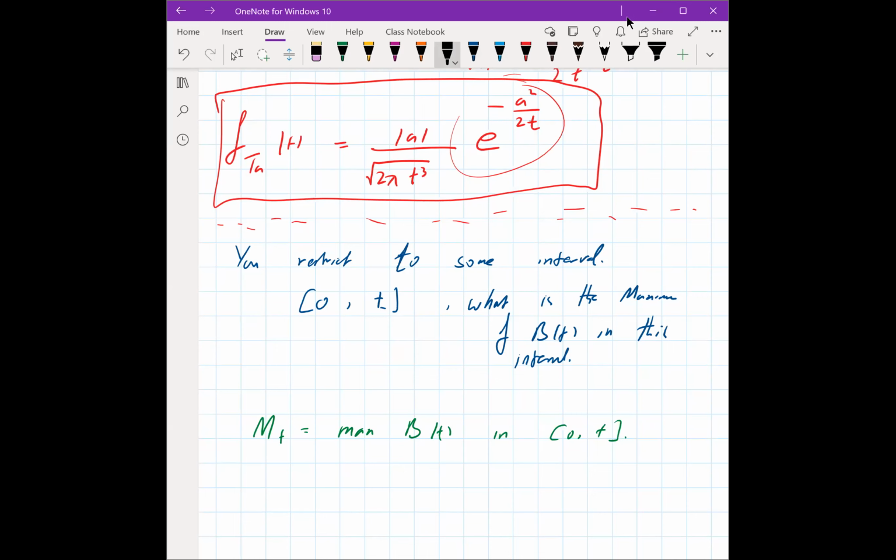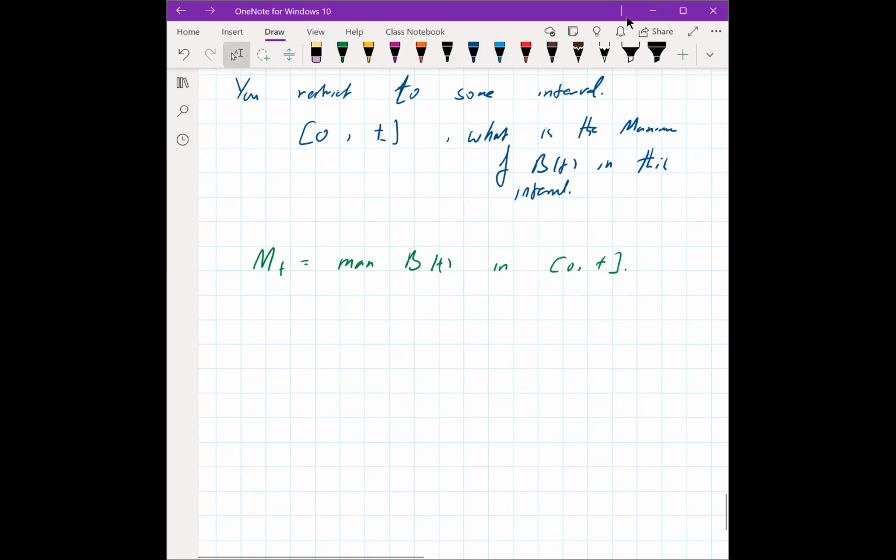Well, to find the CDF of this, since this is a maximum of b, I'm not denoting its CDF using the variable t, it's x. It's the values which b takes, not the time.